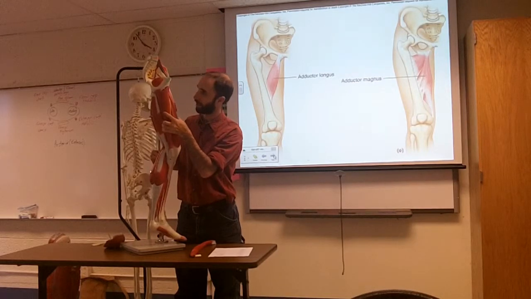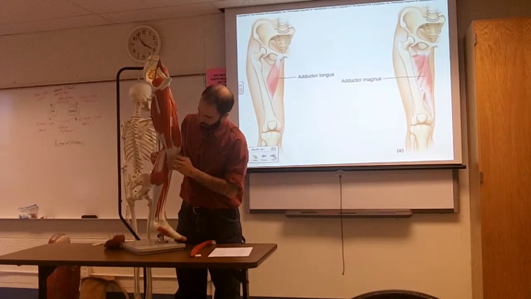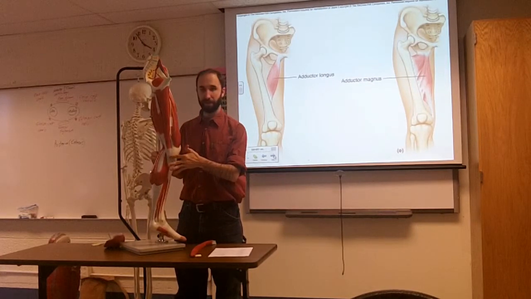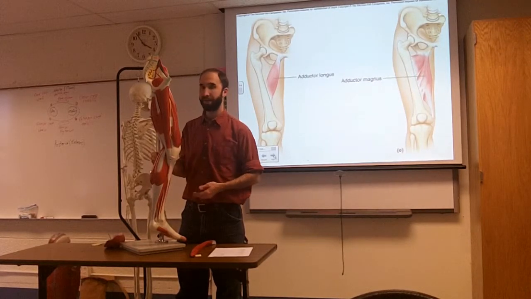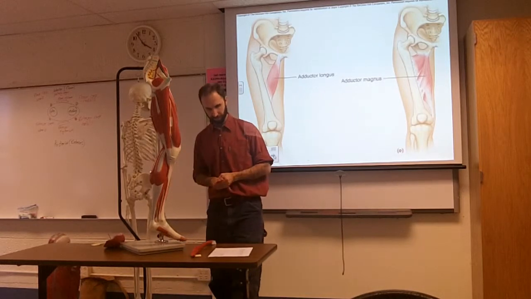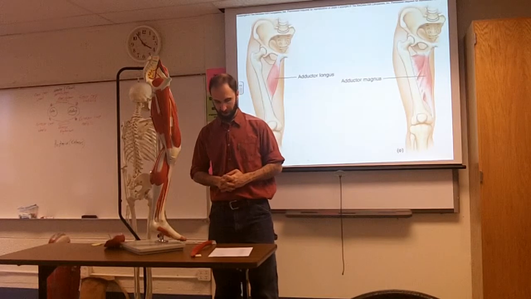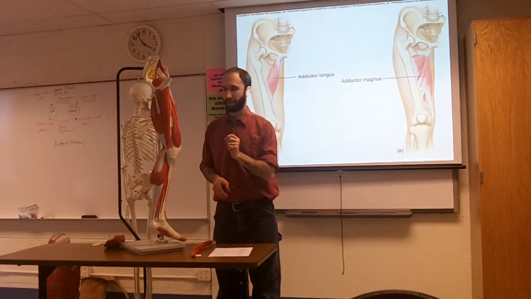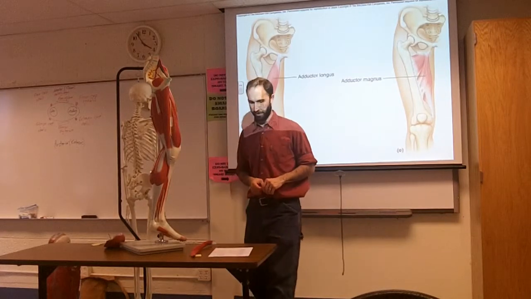So this is gracilis, and it comes all the way down and attaches to the medial part of your tibia here. So again, it's going to adduct. So you have 5 different adductors. Gracilis is that thin muscle going all the way down the inside of your thigh there.